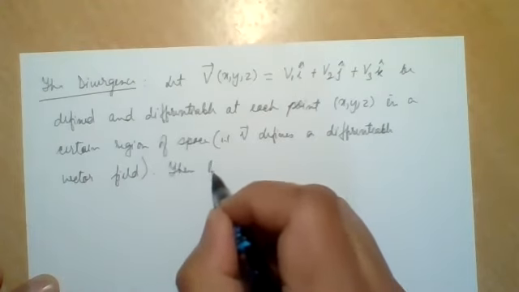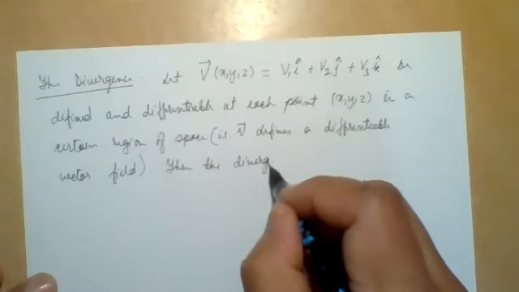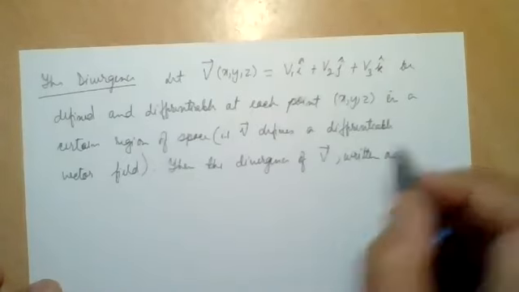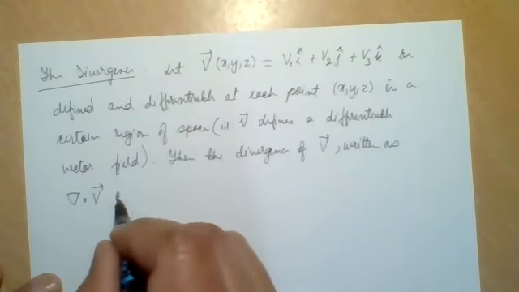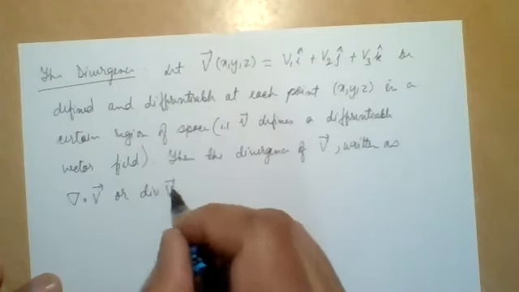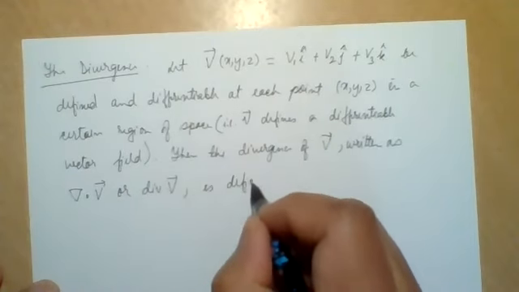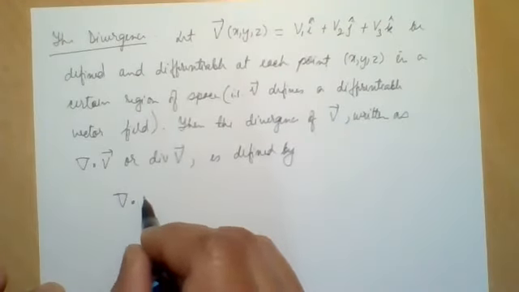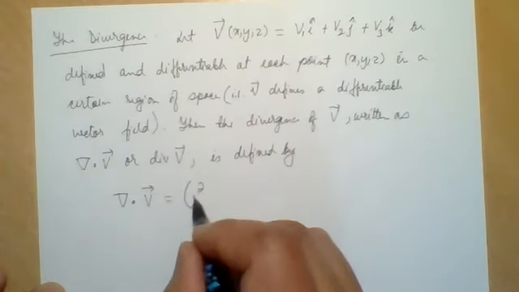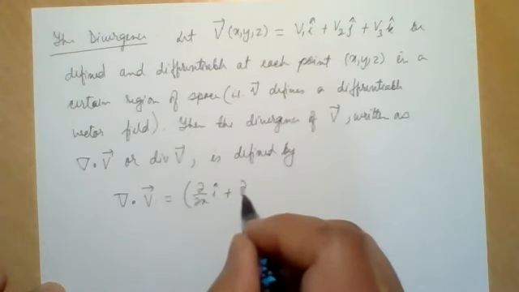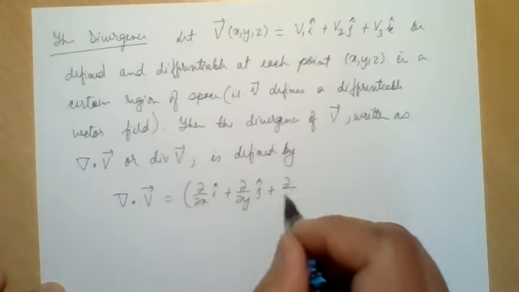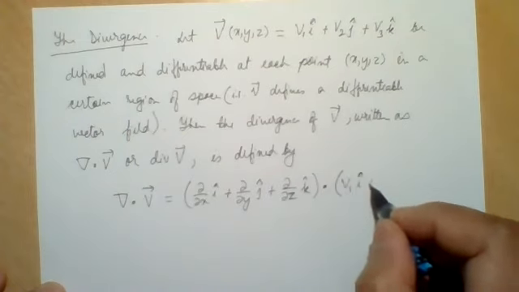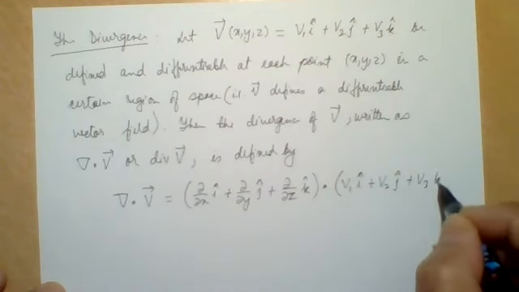Then the divergence of V, written as div V or del dot V, is defined by divergence of V equal to del by del x i hat plus del by del y j hat plus del by del z k hat, dotted with v1 i hat plus v2 j hat plus v3 k hat.